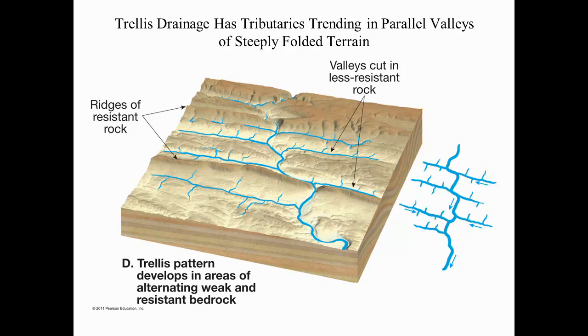This is analogous to the trellis on the edges of your roofs that collect runoff from the roof into the trellis and go down the drain pipe. Notice that the trellis drainage patterns ultimately end up in the major stream that cuts across the overall topography.